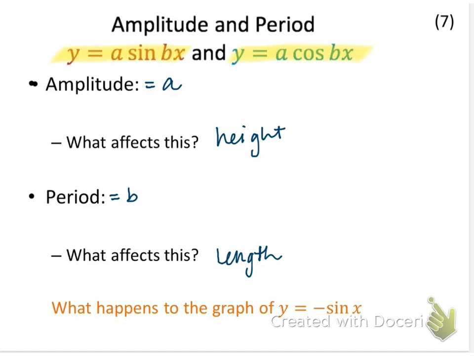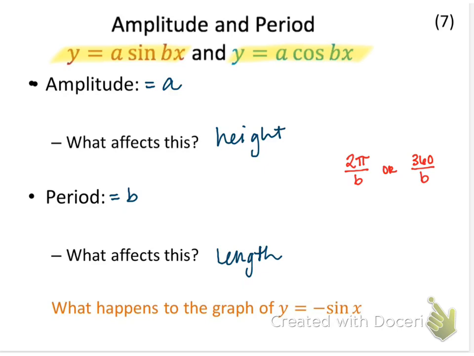So we do have a formula for how long a period, or how long one wave, is going to be, depending on our transformations. So this period formula, if we're working in radians, is going to be 2 pi divided by b, or if we're working in degrees, will be 360 divided by b.